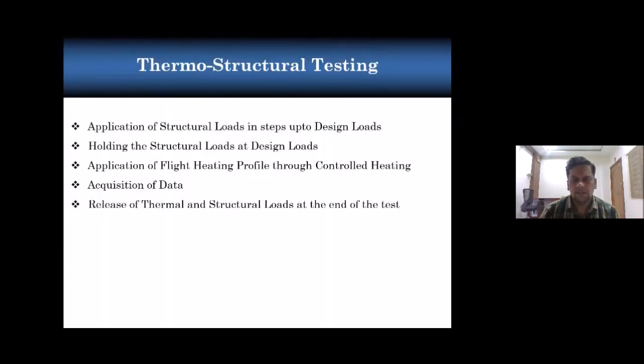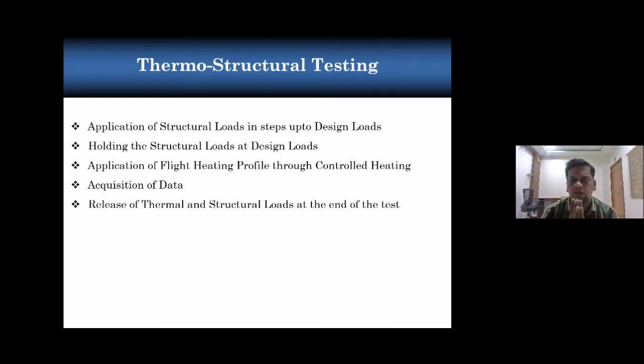Now, this is the general procedure followed for thermostructural testing. Once a complete test setup is ready, first we will do structural loading on the article up to design loads. Once we reach design loads, we will hold the structural loads at design load. Then we will start the heating.